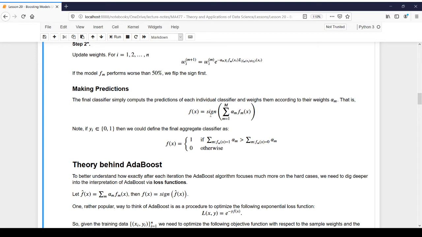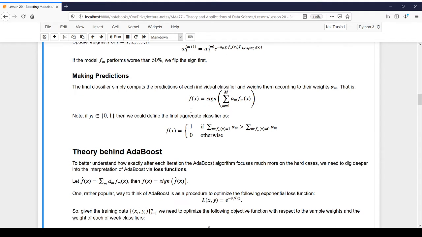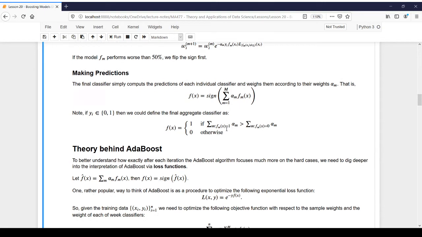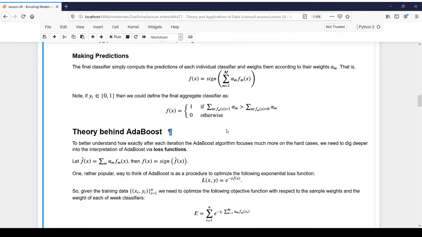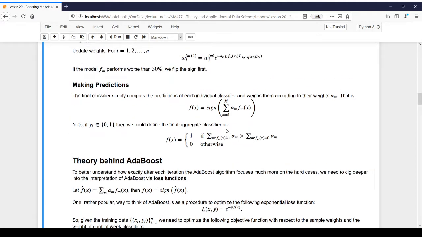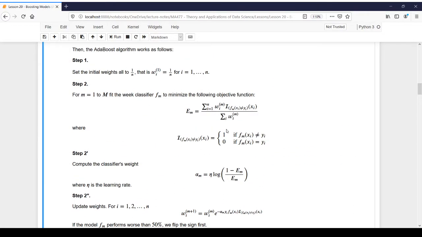If this is negative, then you predict for that to be negative. Now, if you wanted to pick y_i to be either 0 or 1, you could define your final predictor that way as well.